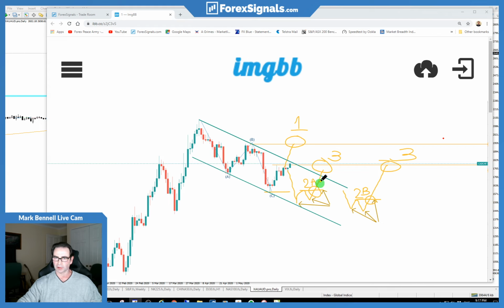The 2A option is the break through the swing there. So this one, right here. So there's our swing. And 2B would be, so let's imagine that we've got this.